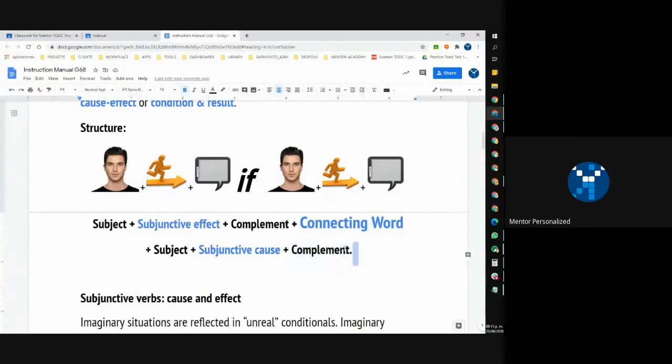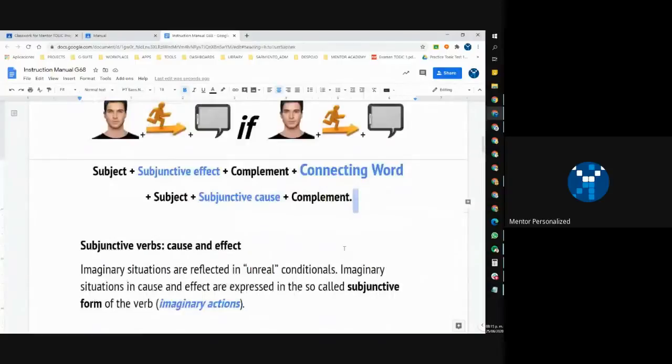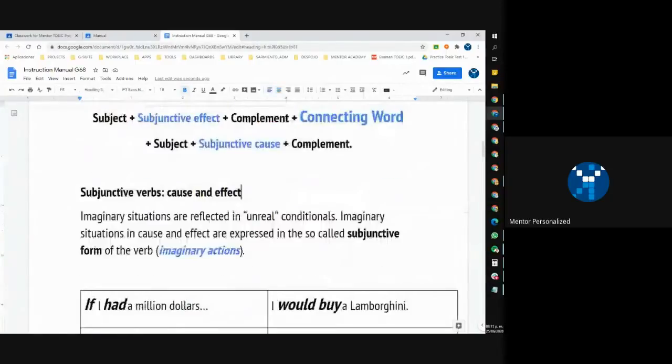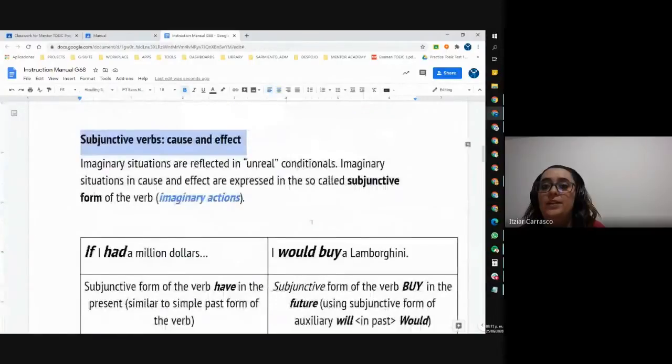Can you please read subjunctive verb, cause and effect? Imaginary situations are reflected in unreal conditionals. Imaginary situations in cause and effect are expressed in the so-called subjunctive form of the verb, imaginary actions.